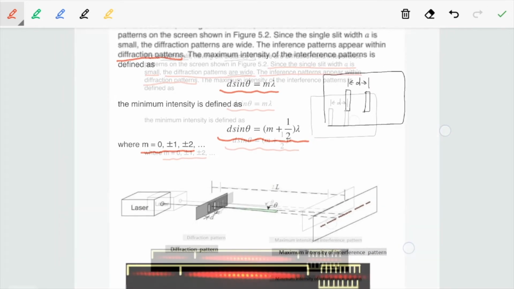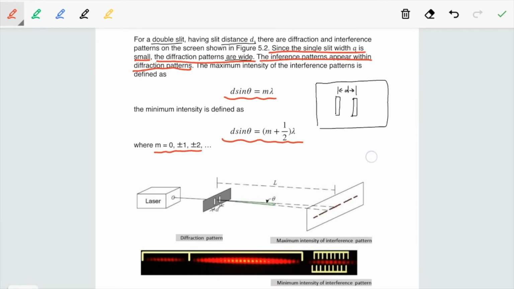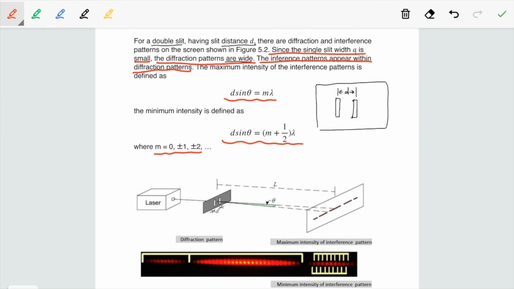So you can see, now when we see this picture, first one is the laser here. Okay, laser. Then there's a double slit. There's a whiteboard to get the pattern, the interference pattern and diffraction pattern.